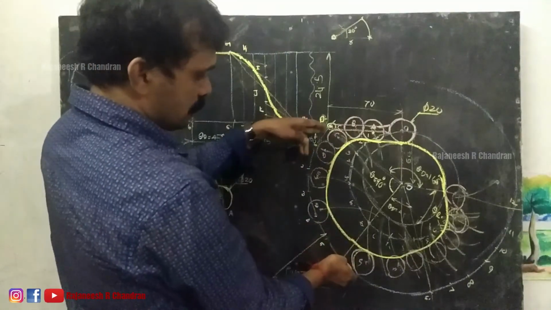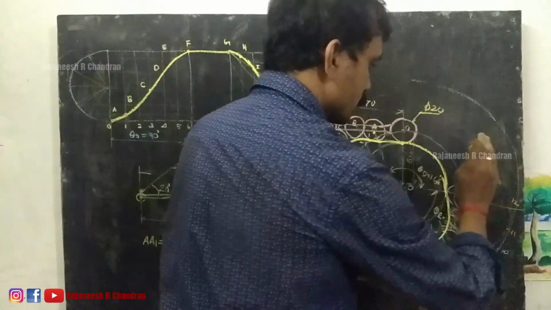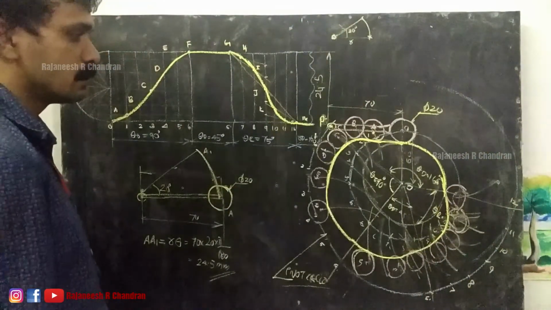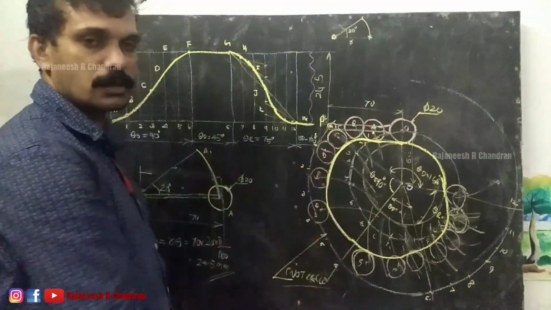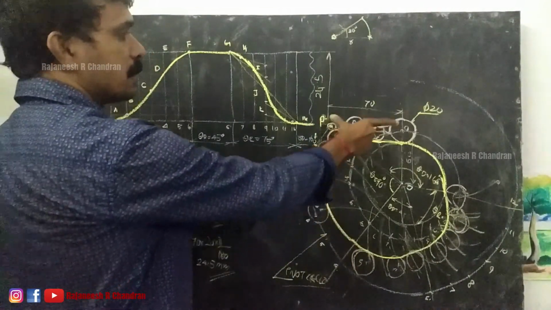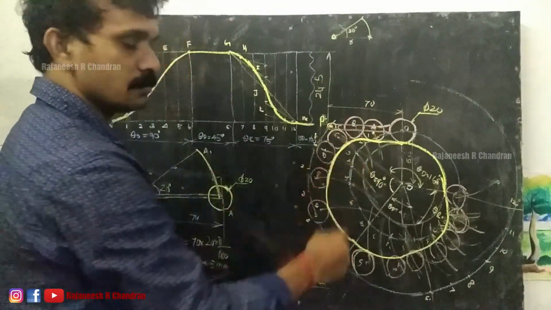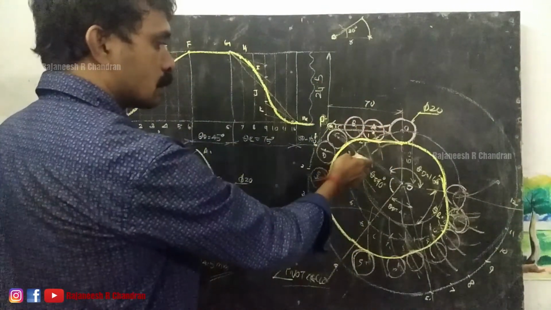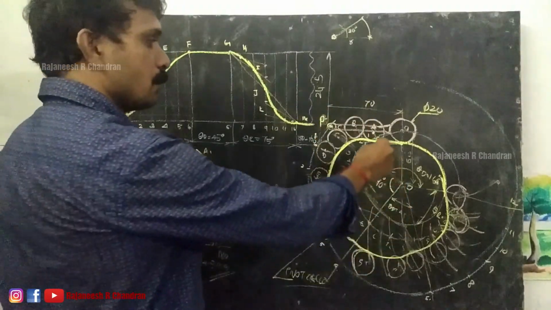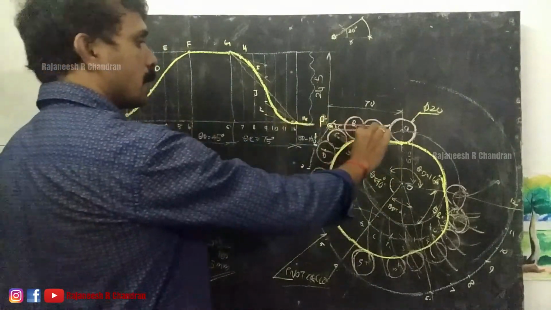Divide this portion into 6 equal parts. Name it as 1, 2, 3, 4. At every point, at a distance of 70, draw arcs, intersecting the prime circle like this. Name it as 1, 2, 3, 4, 5 like this. From 1, mark 1A.